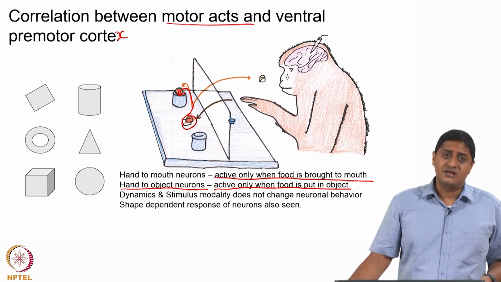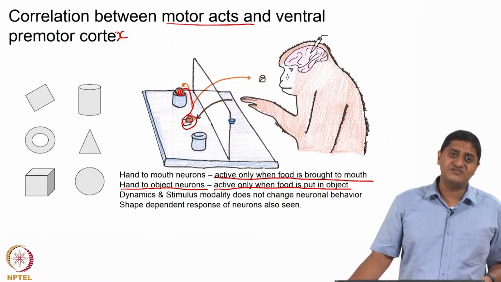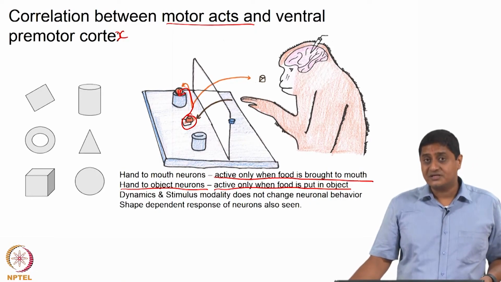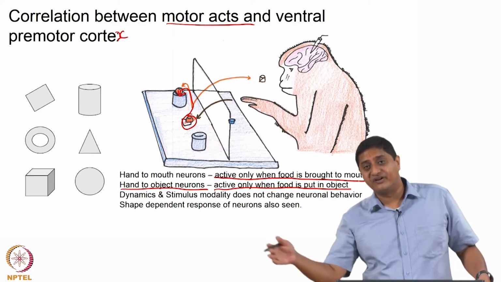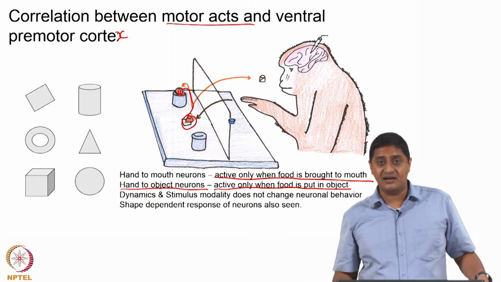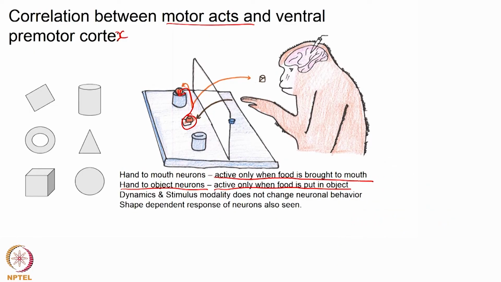These neurons are active depending on the context, context specificity, whether the object has to be moved to the mouth or whether the object has to be moved to a different destination. Depending on that, different neurons are active. So, this is a context specific thing.